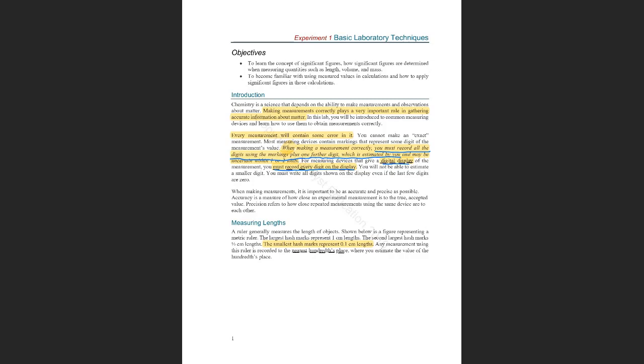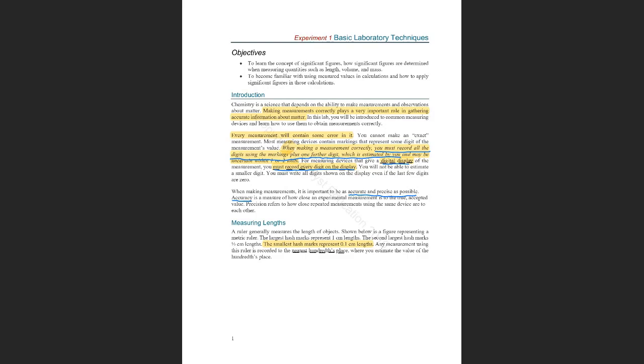So then it's talking about in the write-up that it's important to be as accurate and precise as possible. And here it gives us a little explanation. What is accuracy? It's a measure of how close an experimental measurement is to the accepted value.